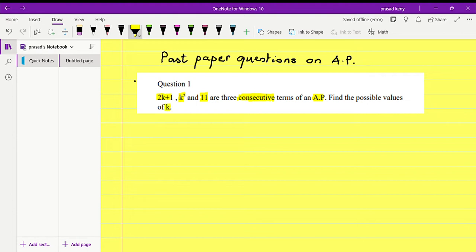So that means I can take the first term as 2k plus 1, second term as k square, and third term as 11.